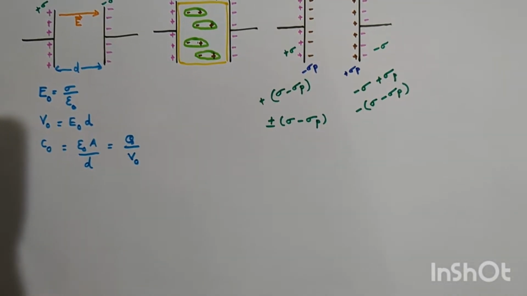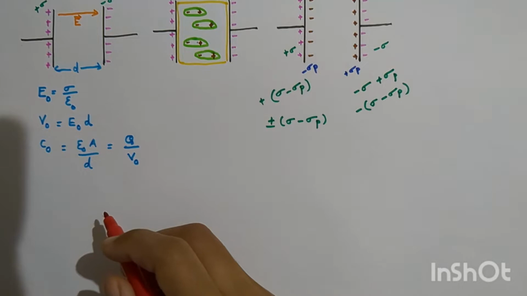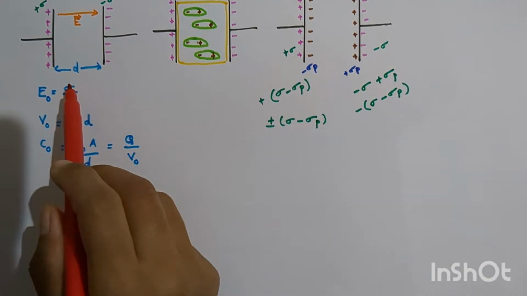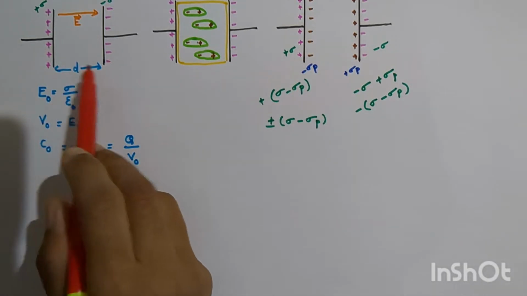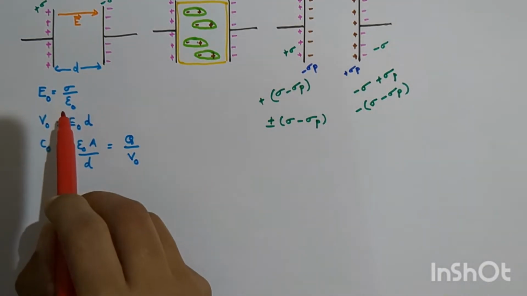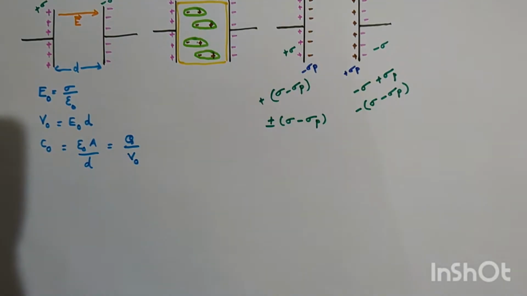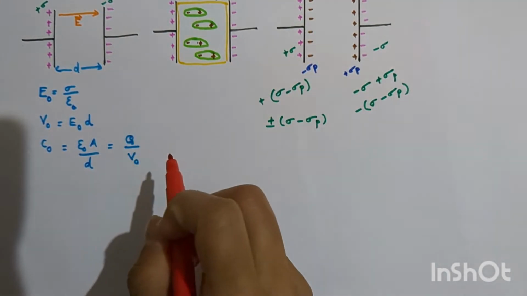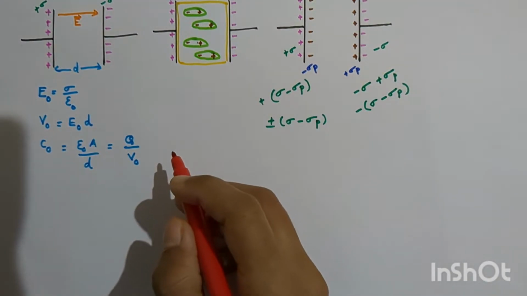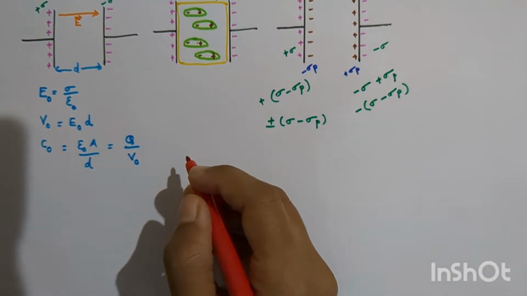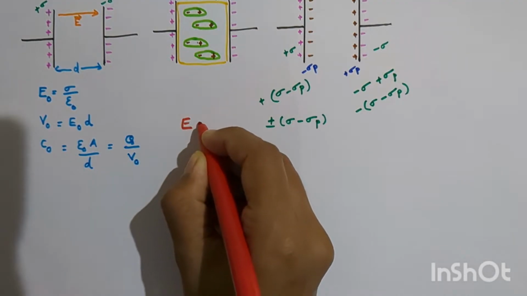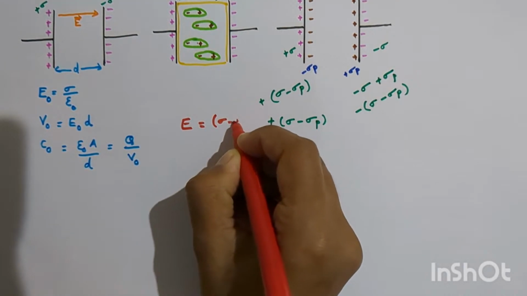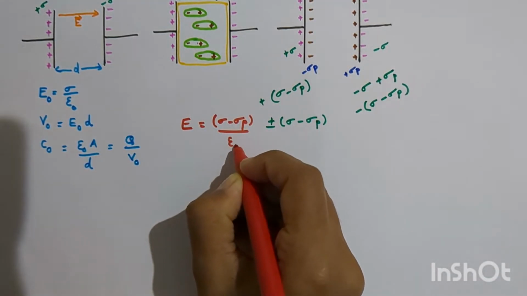So you see, before the dielectric was inserted, that is when it was vacuum between the two plates of the capacitor, the electric field present in between the two plates was E0 is equal to sigma by epsilon 0. Now we have a dielectric present in between the two plates of the capacitor. So now the electric field in the dielectric becomes what? That is, the effective electric field will be E is equal to sigma minus sigma p divided by epsilon 0.